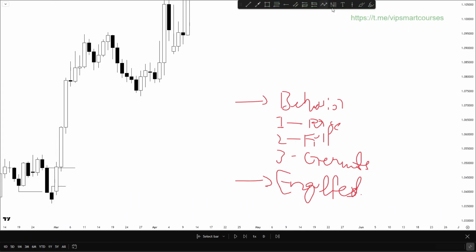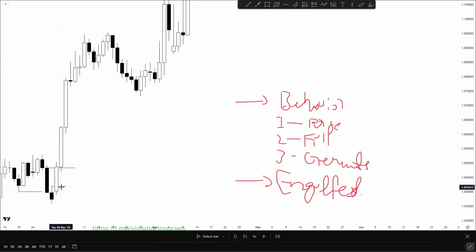So if price had closed only till here, but let's say if it had closed right here, then in that case we would have chosen this as our valid order block, and we would have expected price to test it and then expand from here. But you can see that's not the case here.